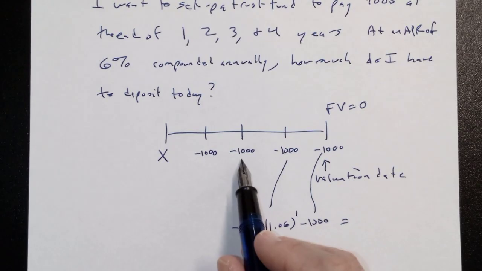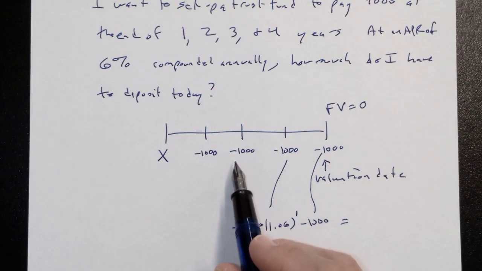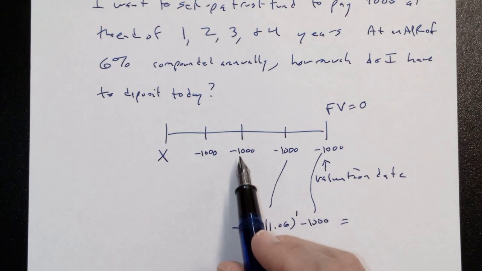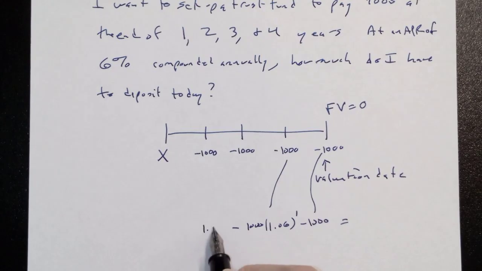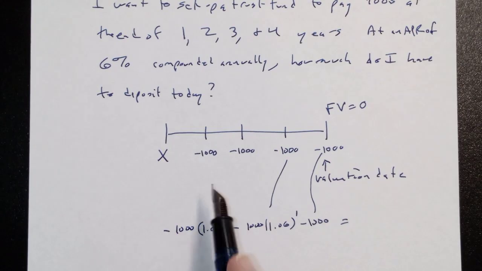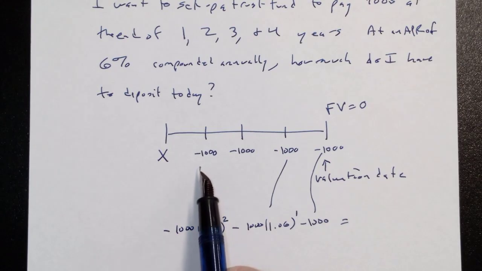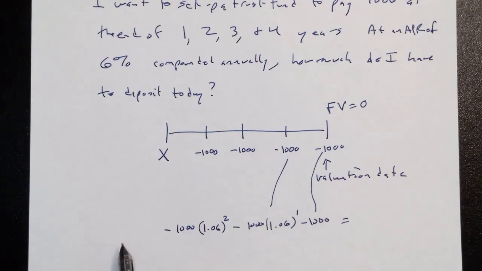This, how much will that have earned? 2 years' worth. This one, that's negative because it's money going out.